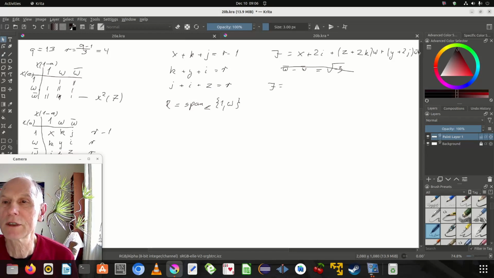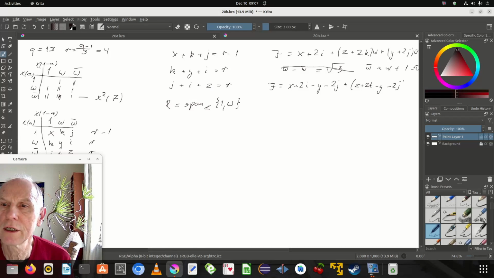That means that we must do away with this term, and for that we have this relation. So we get x plus 2y minus 2j plus z plus 2k minus y minus 2j omega.